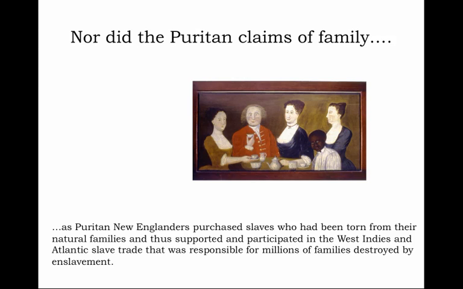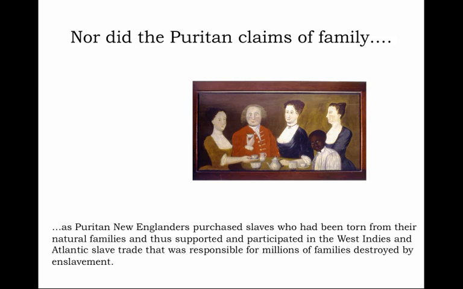Now, you don't have the same plantation cash crop farming economy in New England, so you don't have the same numbers, although it's worth pointing out that there were just as many enslaved people in New England by the 1650s as there were in Virginia. What you don't see in New England is that great takeoff, that exponential increase to the expansion of the tobacco economy that you see in Virginia.